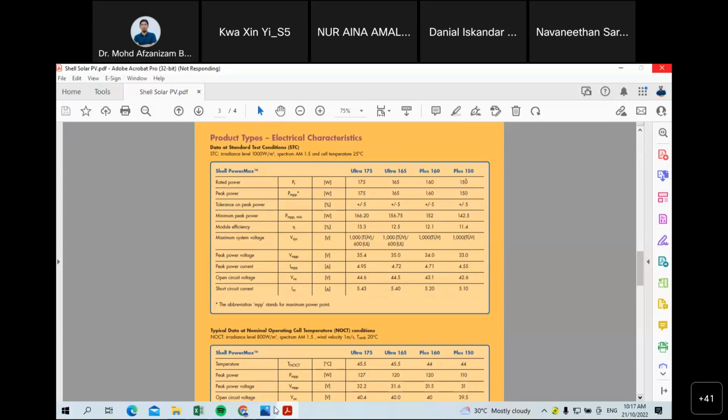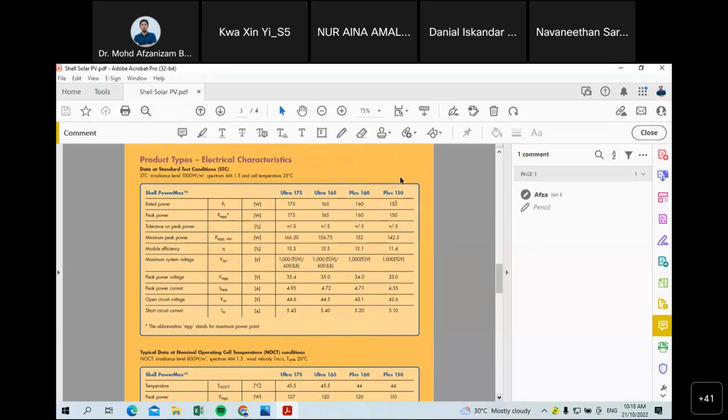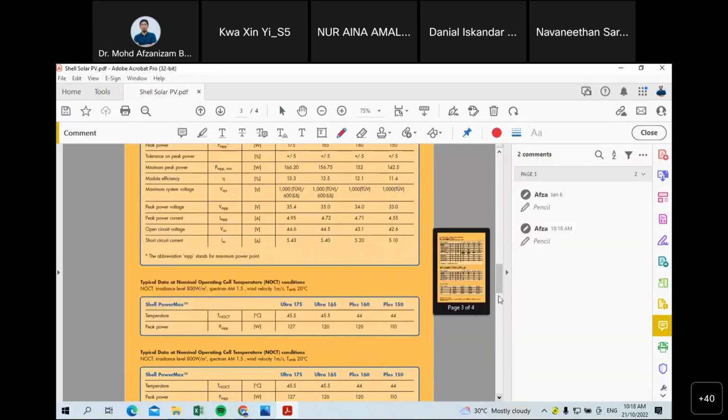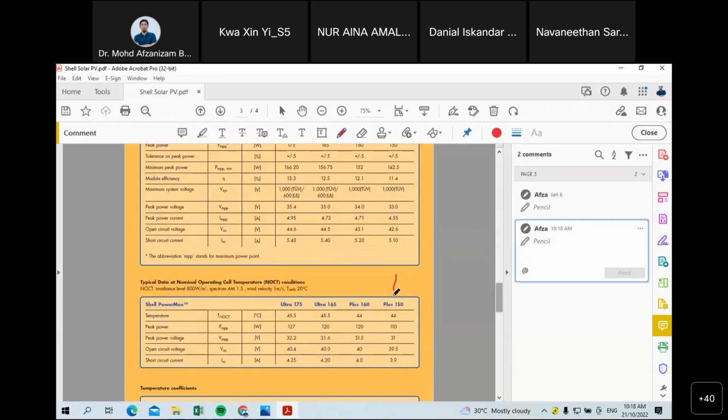Also for the temperature coefficient data, we will refer to the Plus 150. The rest we can ignore based on this question. So we go for this part, referring to all the things related to the 150, this one and also this one. We just look at this data.